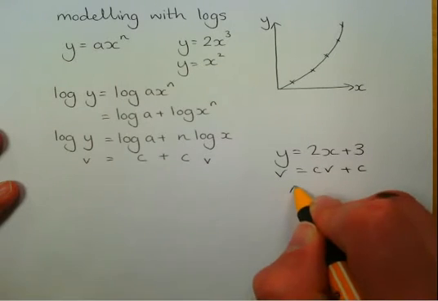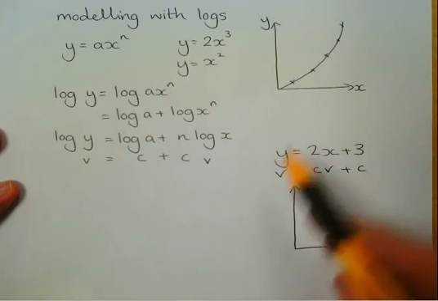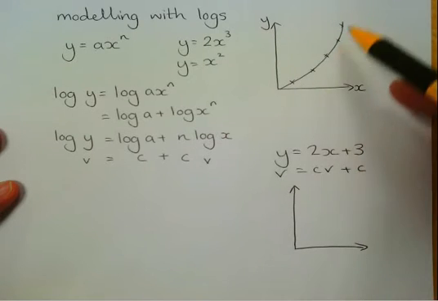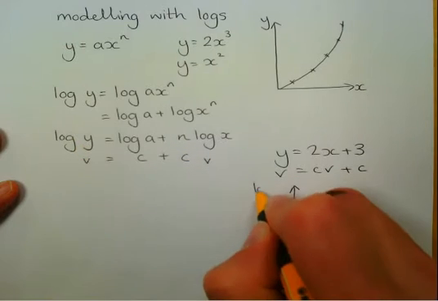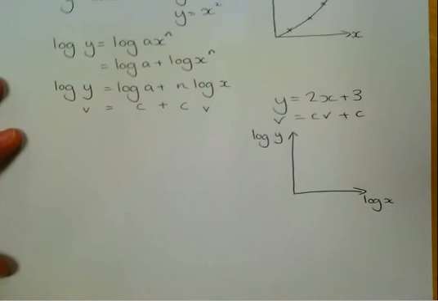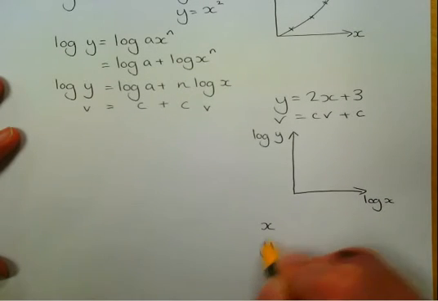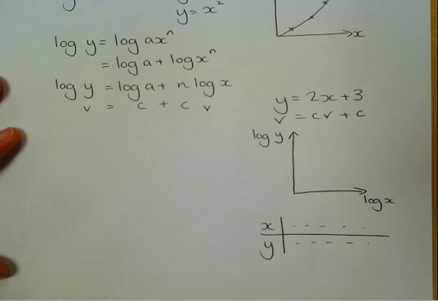Now, let's think about drawing that linear graph. What would it look like? So instead of y and x, because we can see we've got this exponential model here, our variables are going to be log y and log x. And let's say we've just done an experiment and we've got some data points in here, don't know what they are.